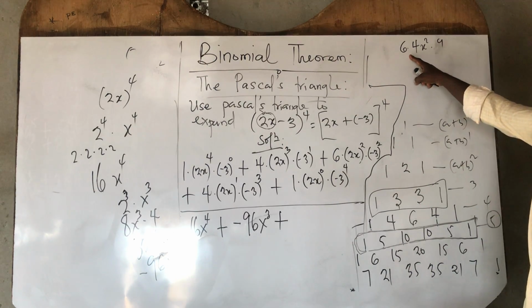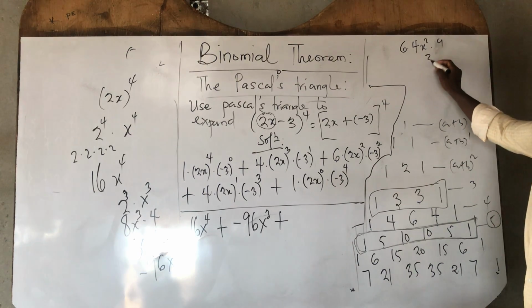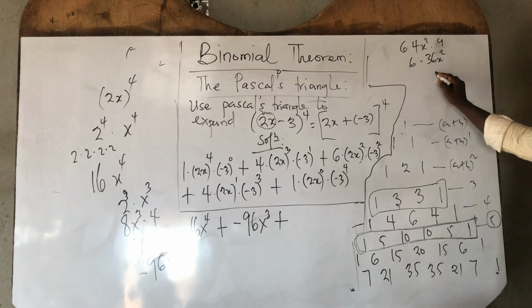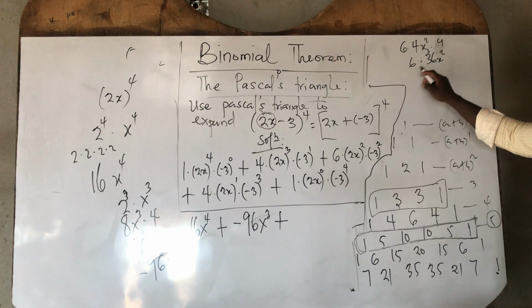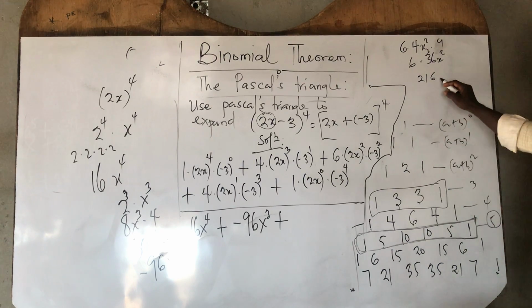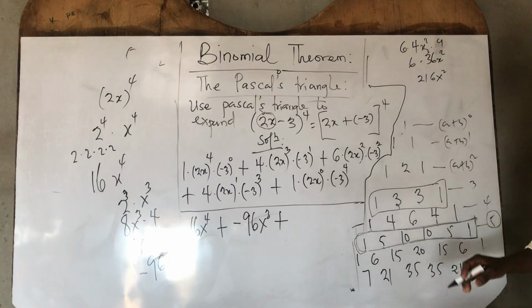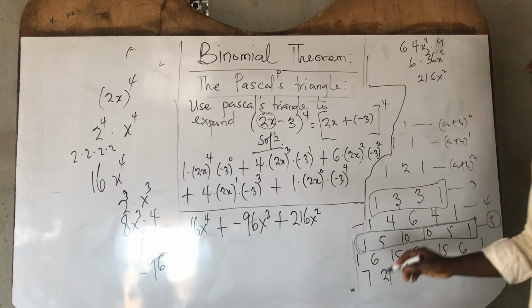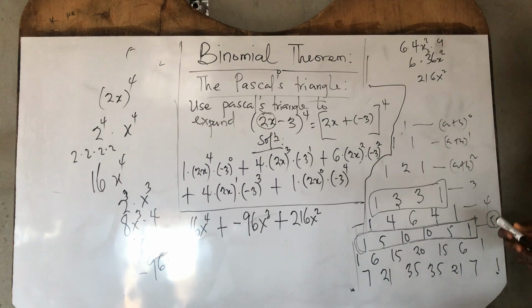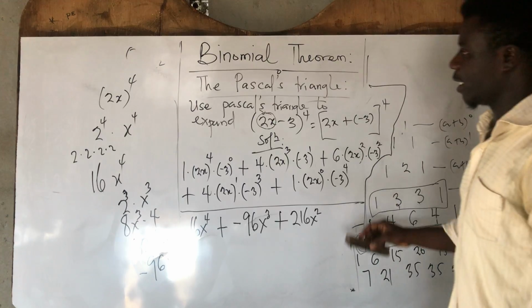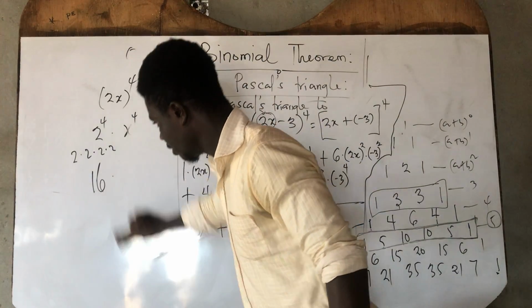So I have 4 times 9, which is 36x squared, times 6. 6 times 6, we have 36, carry 3; 6 times 3 is 18, plus 3 gets 21. So I have 216x squared. You see, it's very, very simple. It's just that you have to take your time when doing it.